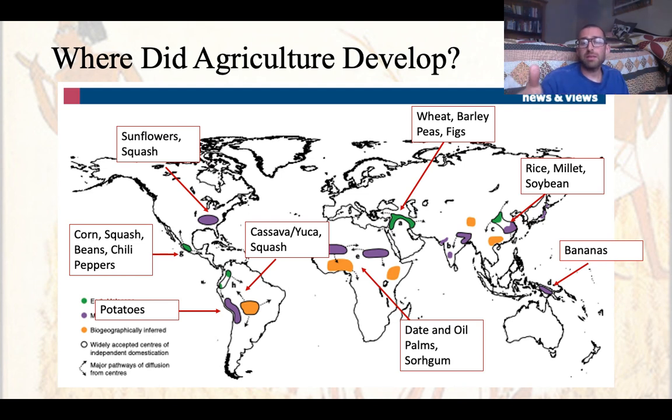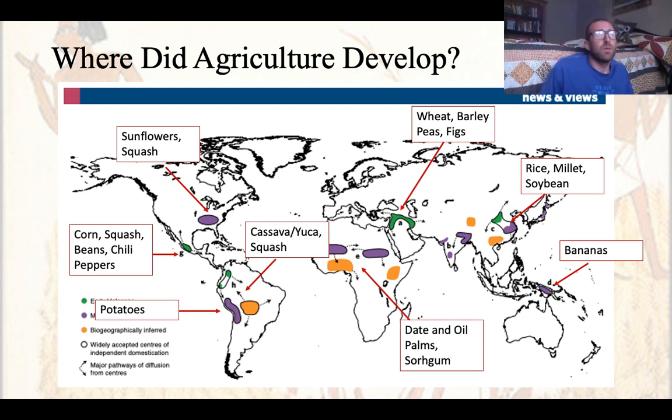So if we look at the Middle East there, it's not like one tribe or one civilization started cultivating wheat and barley, peas, and figs. But it was occurring separately; a number of different tribes independently started cultivating these different products within that region.